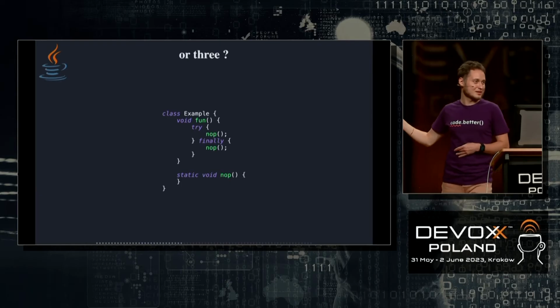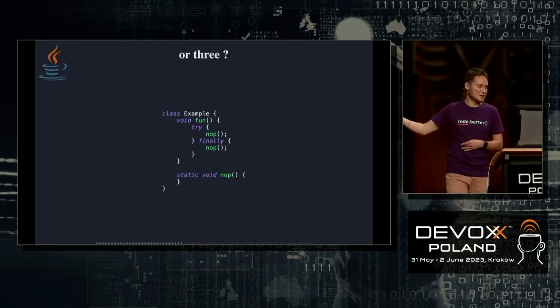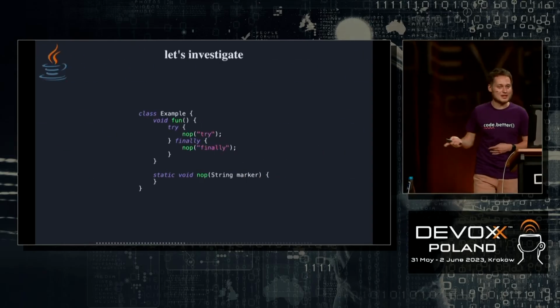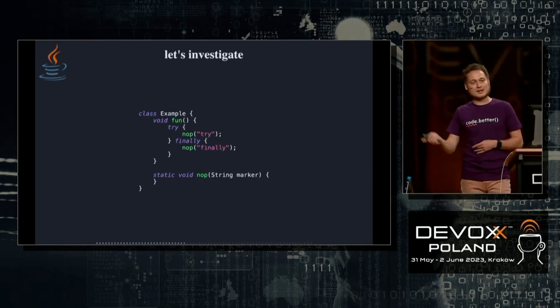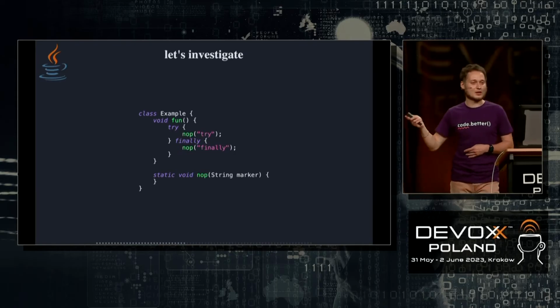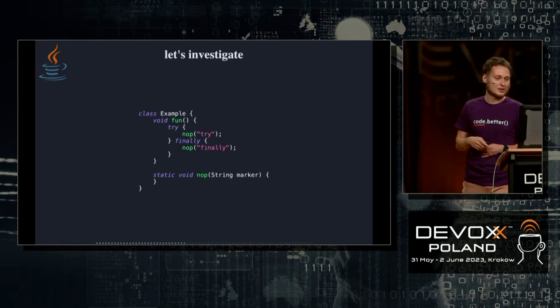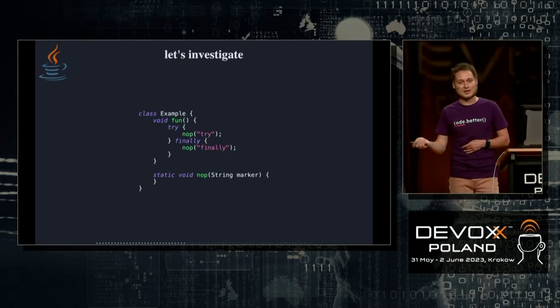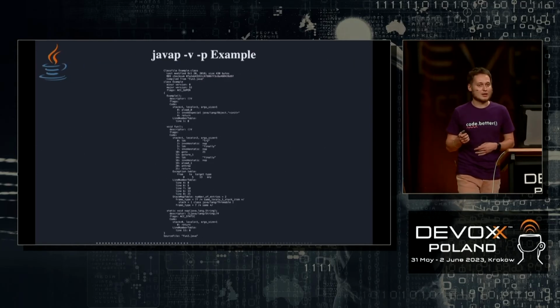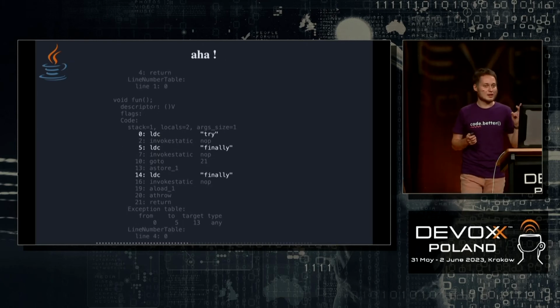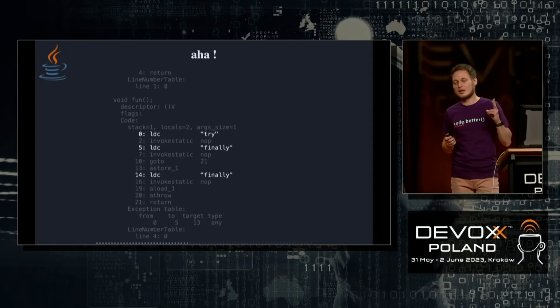Right? But the third one is the method declaration. We couldn't see an invocation of it, right? Let me help you a little bit. Let's investigate. In order to understand which invocation is which, let's add a marker, just a string. We're going to pass different strings inside of the try body and inside of the finally body. Let's have a look at what we get inside. We get one try and two finally. Why so?